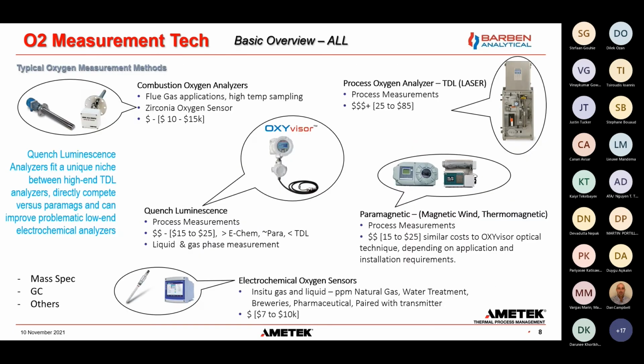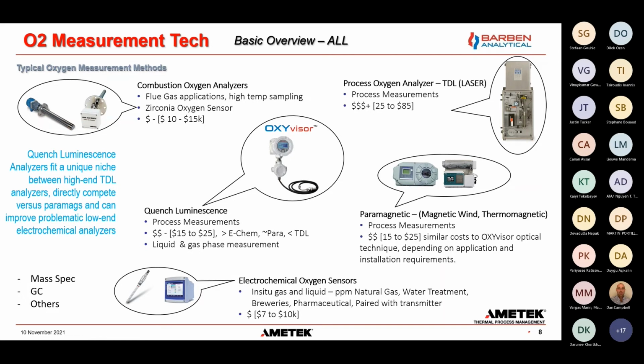So how do we measure these things? We know now that it's very important to make this measurement, and there are several different devices out there to do that. So we put this page together just to give a quick review of what's out there that you may choose to make that measurement. Combustion analyzers for zirconia, and for flue gas applications, high temp sampling.